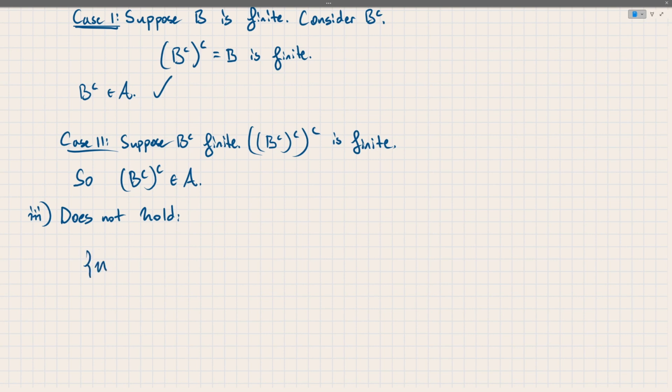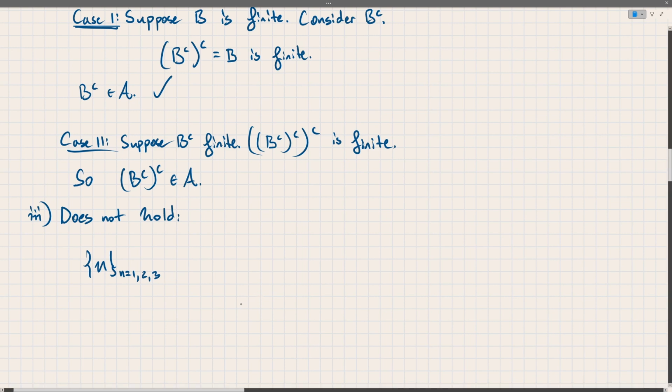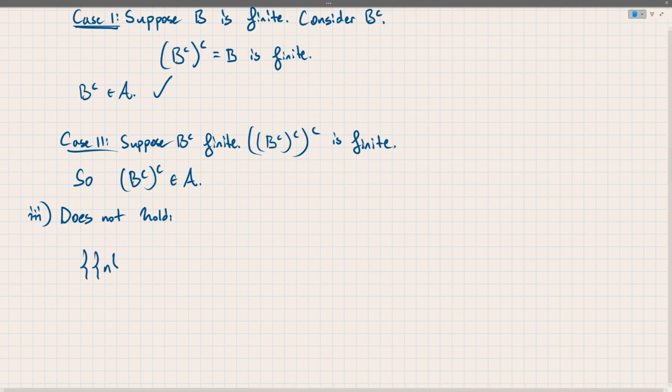The case to consider would be, take the following: the sequence of singletons {n} for n equals 1, 2, 3, and so on.